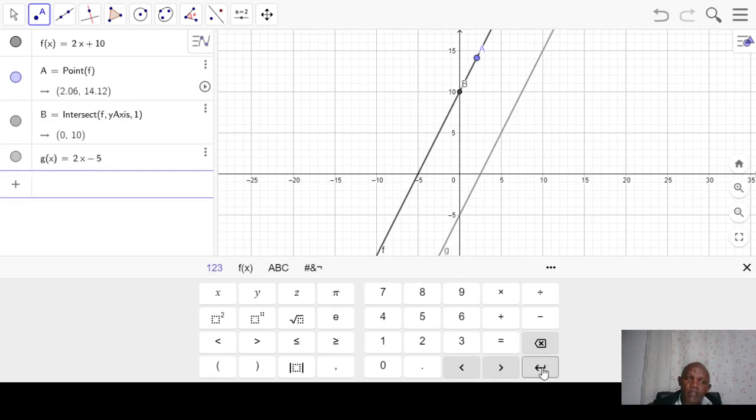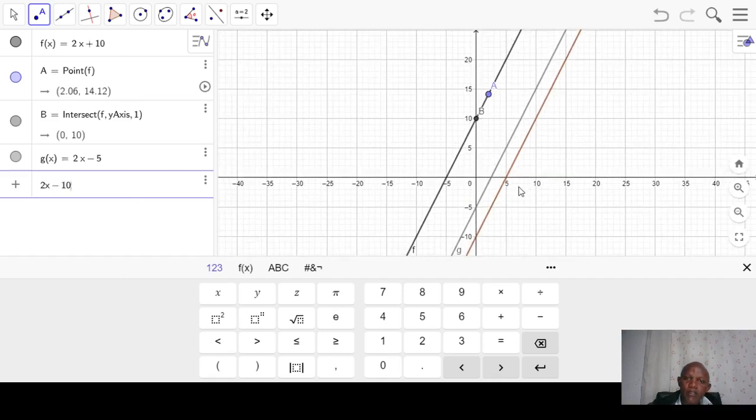We can further look at that and say it is 2x minus 10. See, it's the same gradient, but the line keeps on dropping and now the y-intercept has reduced to -10. What can we say in summary?